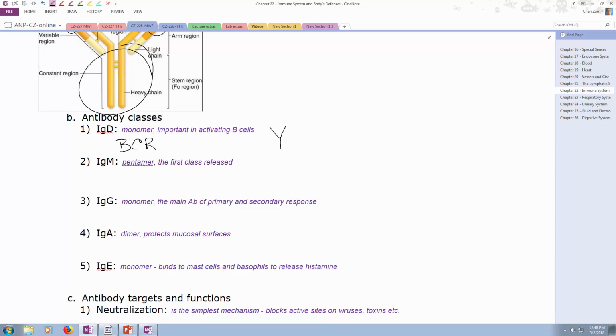IgM is a pentamer. Penta is 5. And so if we were to draw this, we would do 1, 2, 3, 4, 5, and then add our little connecting piece. It is the first class of immunoglobulins released after activation of a B cell.